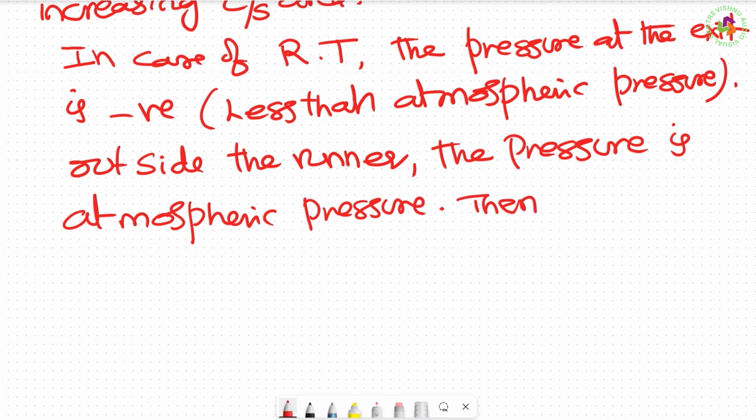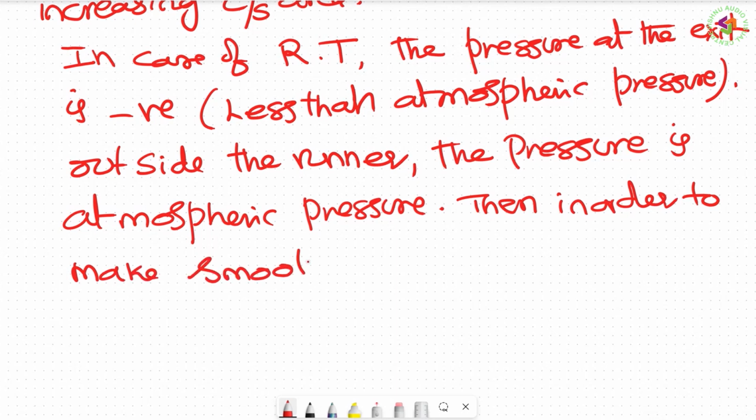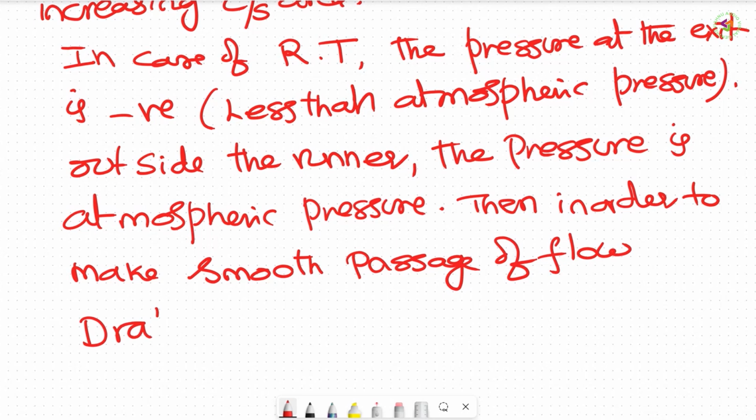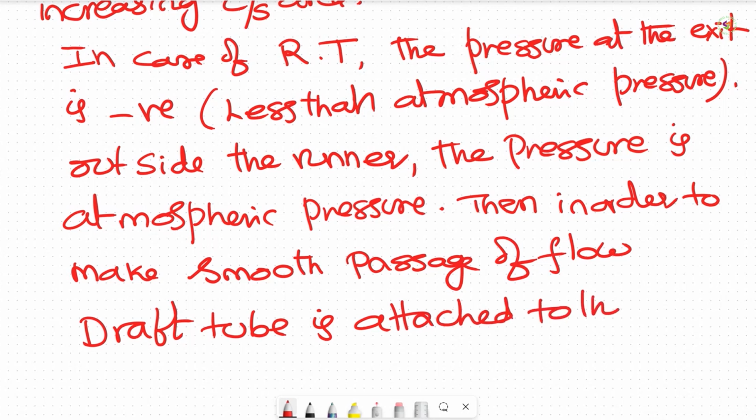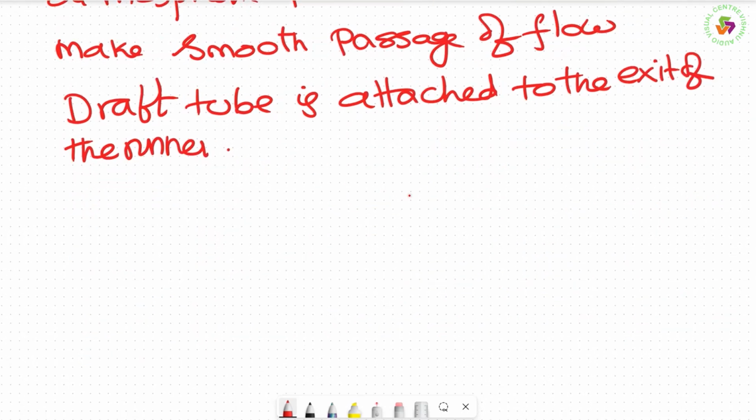In order to make a smooth passage of flow, a draft tube is attached to the exit of the runner. How does it look? Suppose this is the turbine runner exit.